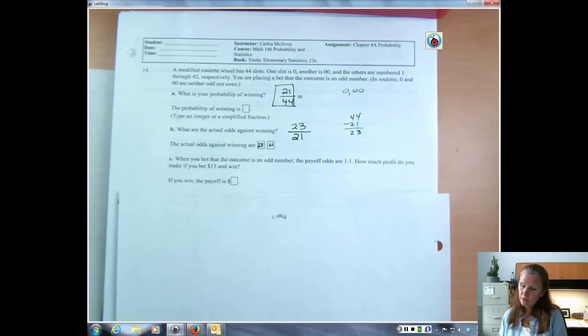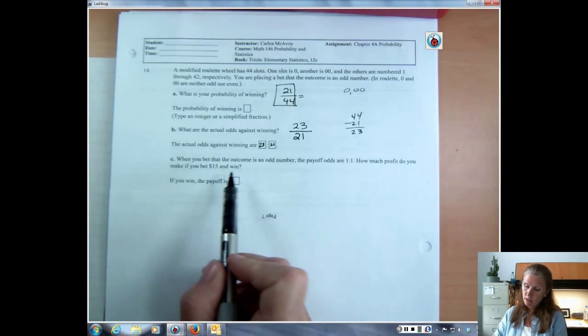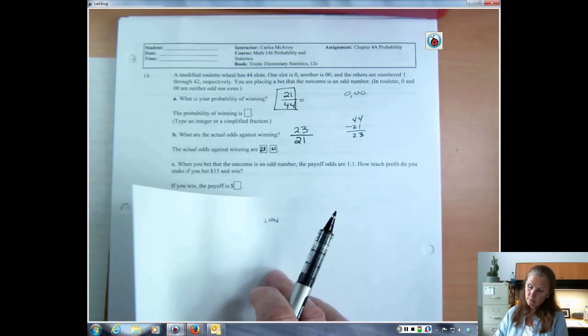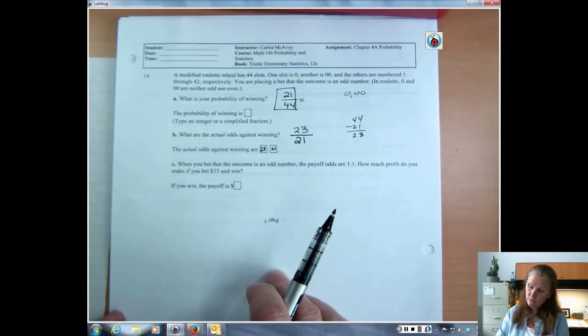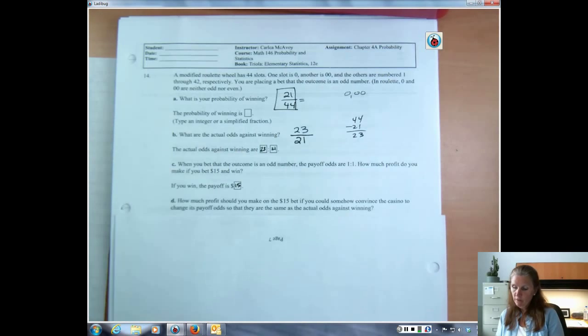When you bet that the outcome is an odd number, the payoff odds are 1 to 1. So in other words, how much profit do you make if you bet $15 and win? You don't make any profit. The payoff, if you win, is $15, right? But it's how much profit do you make?